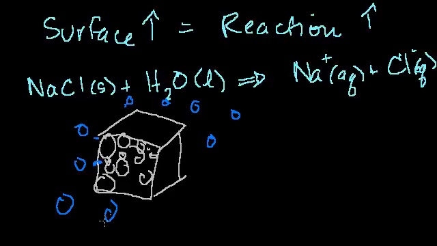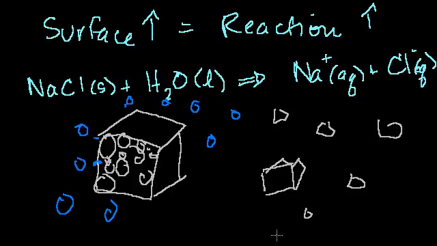But if you were to break this up into smaller cubes, or really crush it into really small pieces, then all of a sudden the surface area that the water molecules can interact with goes up, so they can interact with more of the sodium chloride, and the reaction will happen faster. So you increase the surface area of interaction, and you'll also increase the reaction rate.